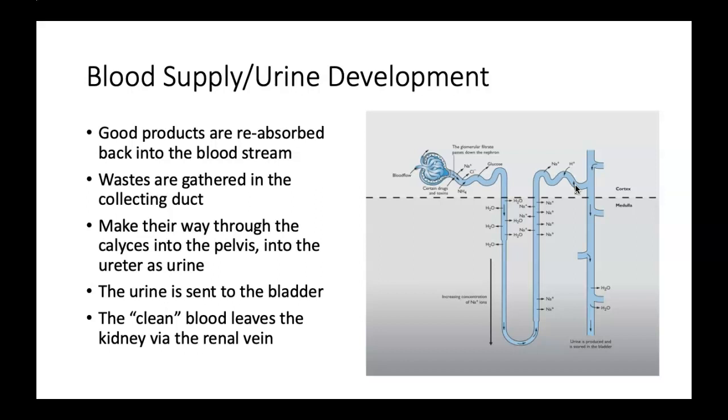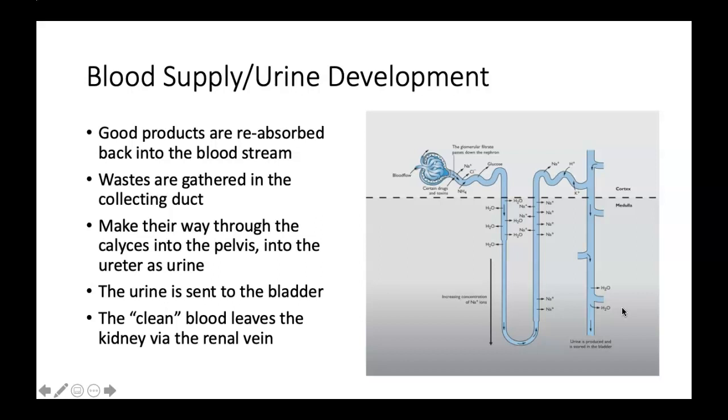Once it makes its way through the distal convoluted tubule, then of course the clean blood, the blood that has had the water taken back into it and some of the sodium taken back, makes its way to the renal vein to leave the kidney. The rest of the products that are still in the distal convoluted tubule, this is now urine, and it makes its way down to the collecting duct.